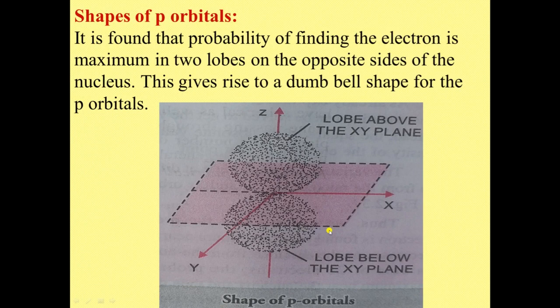If we move in a particular direction, the probability of finding an electron will be different. Like in this case, if you move along the z axis, the probability of finding an electron is different, and if you move along the x axis, it is different. That is why we say that p orbitals are directional.